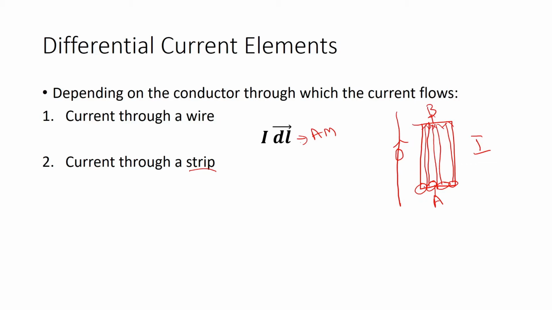So current flowing through any unit width of the conductor would be the same. So current flowing through unit width of this strip conductor is called linear current density, defined as K equals I by W. Current passing through unit width of the conductor.